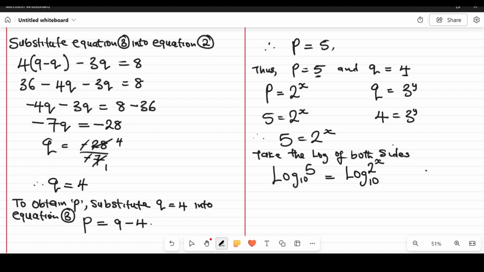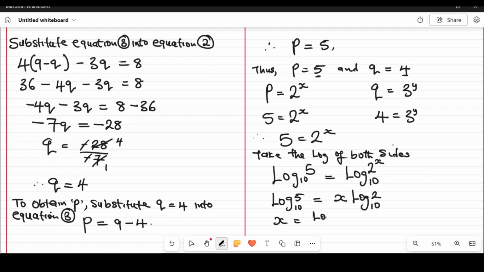Now, at this point, we can write that log 5 to base 10 is equal to x log 2 to base 10. To obtain the value of x, we can make x the subject of our formula. So we'll be left with x equal to log 5 to base 10 all divided by log 2 to base 10.